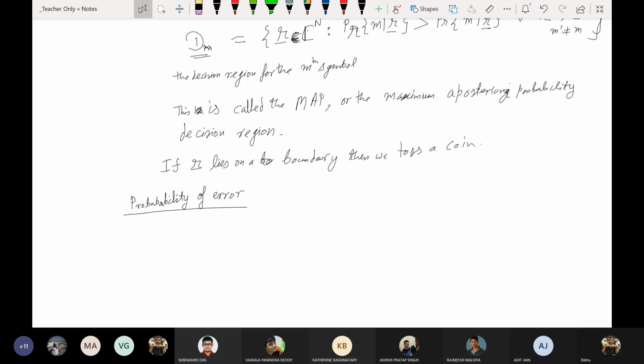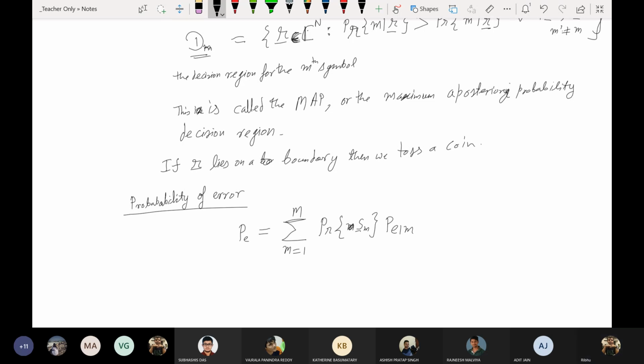Simply defined, probability of error is the summation, m goes from 1 to N, of the probability of s_m, right? The probability that the mth symbol was transmitted, and the probability that the mth symbol was received in error. This will be the overall probability of error.